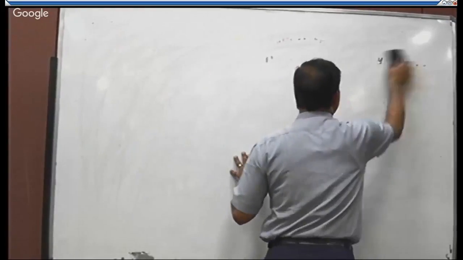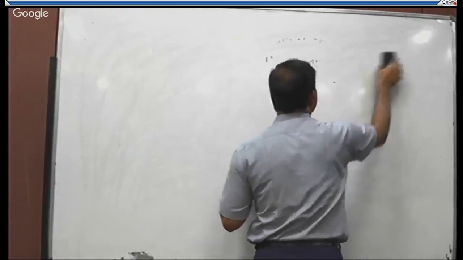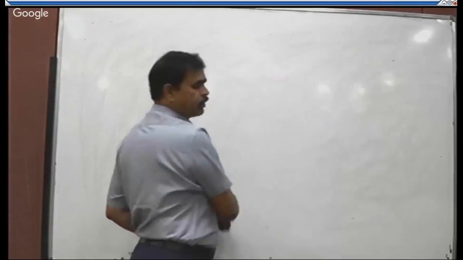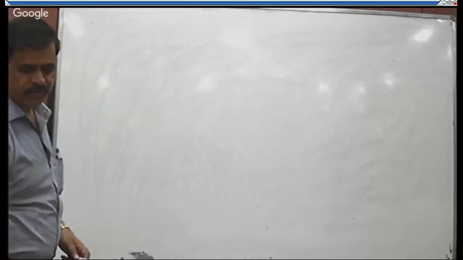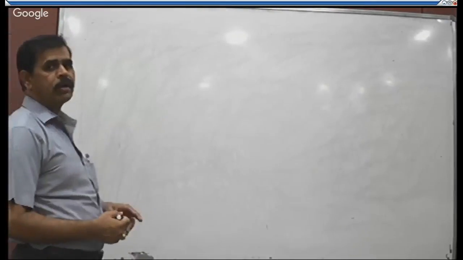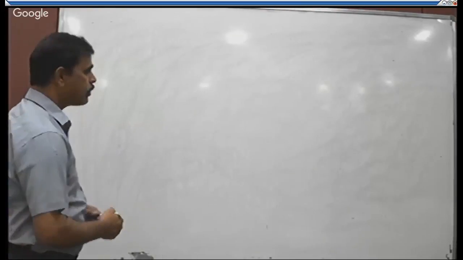So we got the definition of differential equation and we got examples of differential equation. Then we learned what is order and degree of a differential equation and how to find out order and degree. Right?